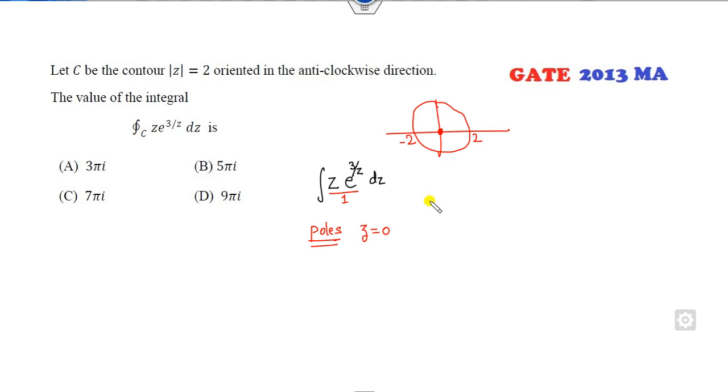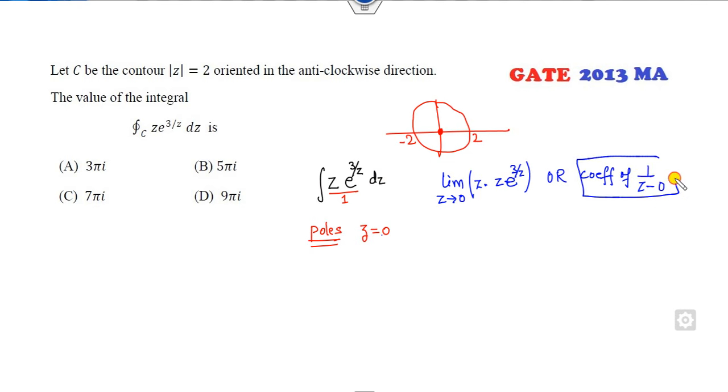How can you solve that? There are two ways. Either you can take the limit as z goes to 0 of this complete portion. Fine. Or because of its exponential nature, I can find the coefficient of 1 over z minus pole, which is z minus 0. That's your choice.